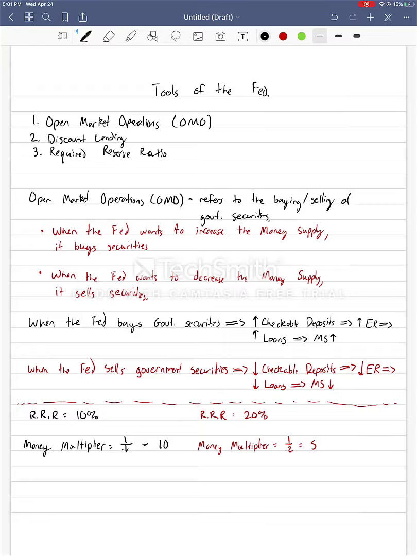So what we will see is that if the Fed increases the required reserve ratio, that's going to lead to a decrease in excess reserves as the banks are required to hold on to more money. Now, with less money in excess reserves, that's also going to lead to a lower amount of loans that they're able to issue. And as loans decrease, the money supply decreases.